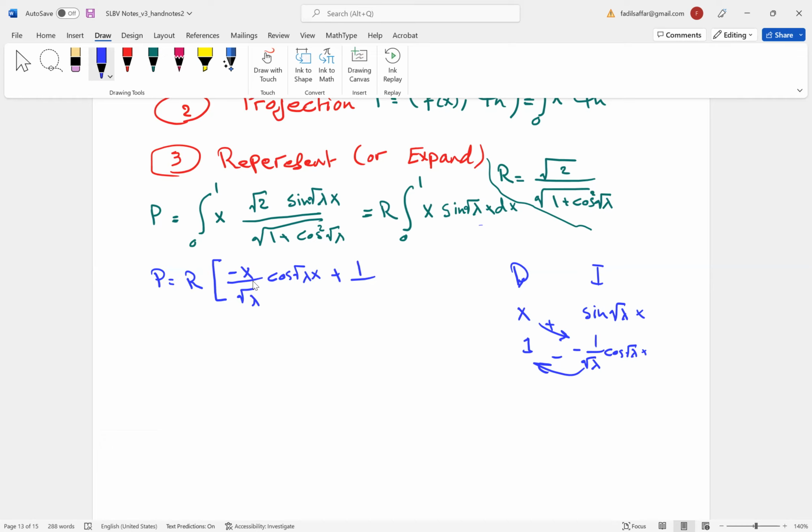So that's 1 over, and when you take the integration of this one, we have 1 over lambda times sine square root of lambda x. And all of that is evaluated from 0 to 1.